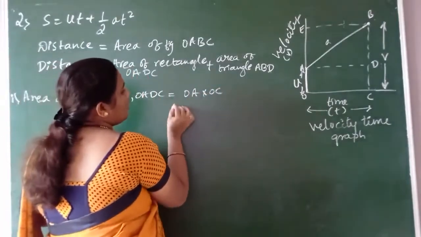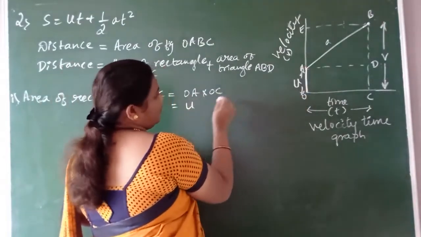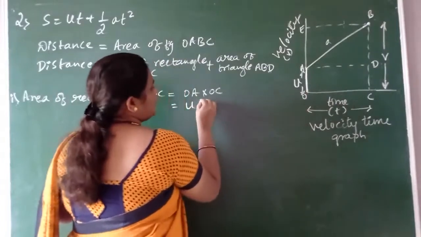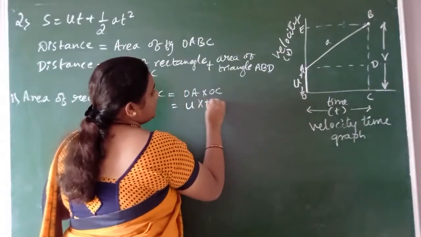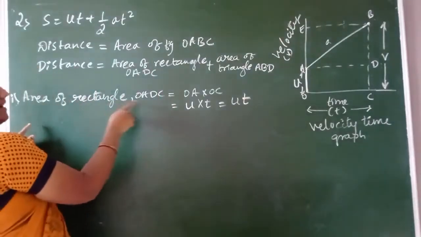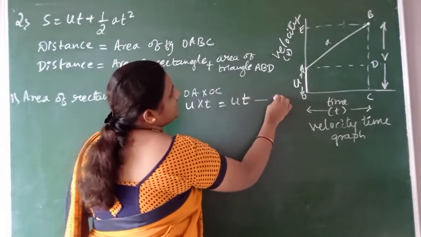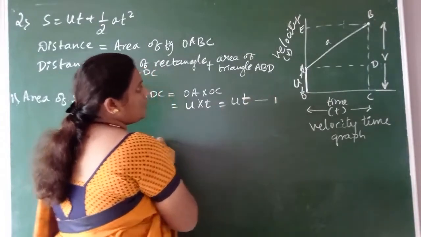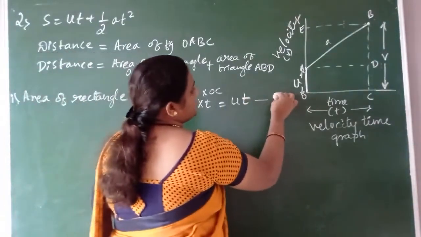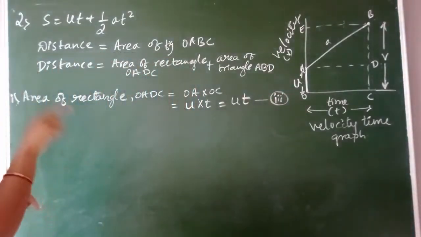OA is nothing but U, and OC is nothing but the time T. So we can write it as UT. So the area of the rectangle is UT. Let us call this 3, since equations 1 and 2 are completed.